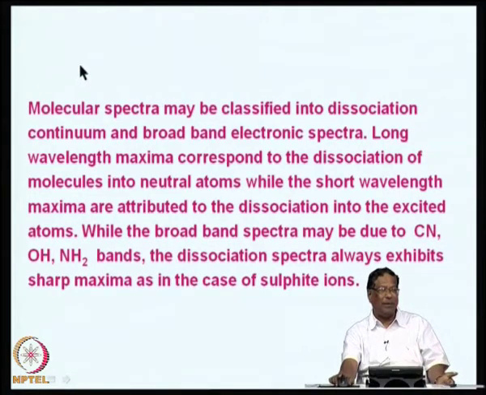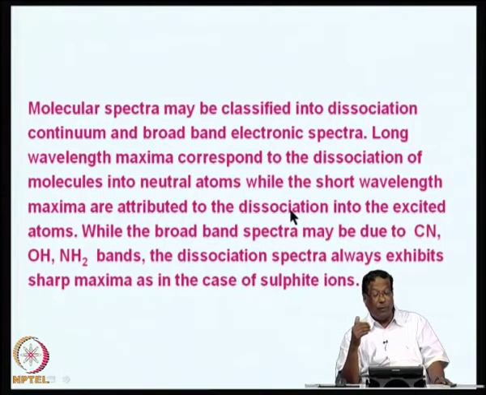Matrix also should be matching in your standards. So, long wavelength maxima correspond to the dissociation of the molecules into neutral atoms, while the short wavelength maxima are attributed to dissociation into the excited atoms.